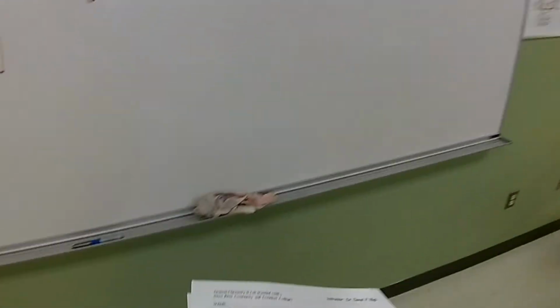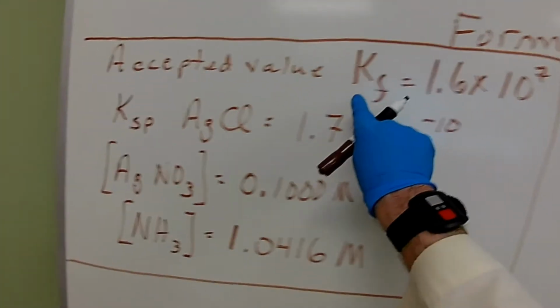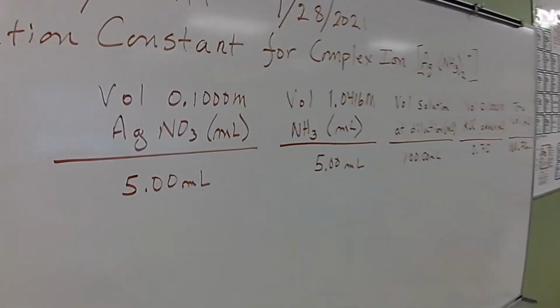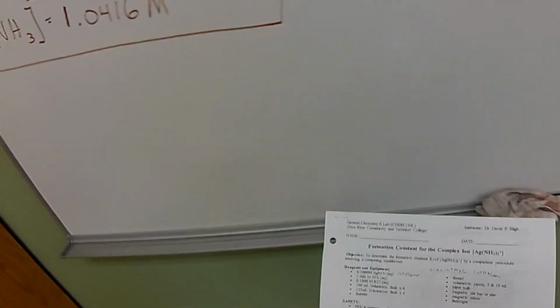Okay. So now, the expression for the formation constant is the free silver ions and the free ammonia yields that. So it looks like this.